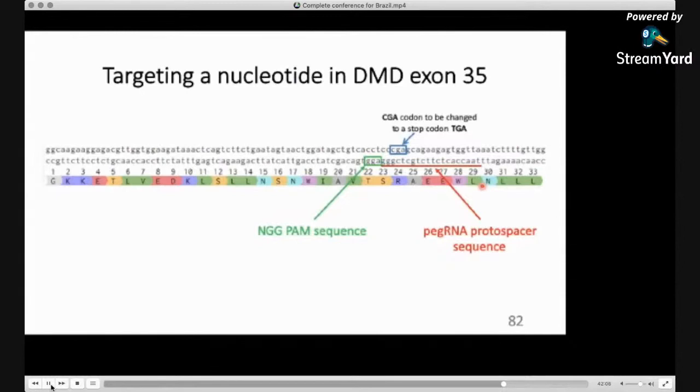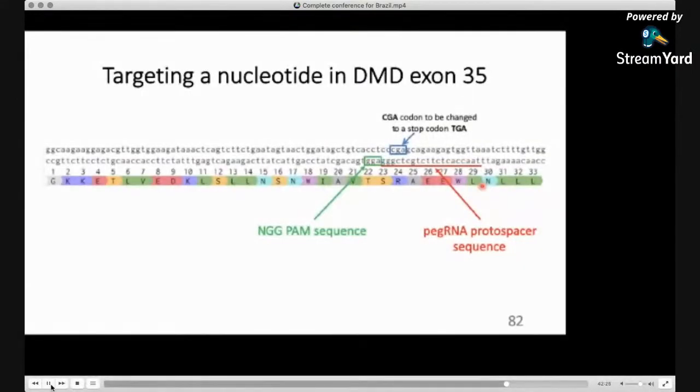Many Duchenne muscular dystrophy patients have a stop codon in the DMD gene. Since we did not have access to cells of patients containing such point mutation, we decided to introduce these stop codons using the prime editing technology.